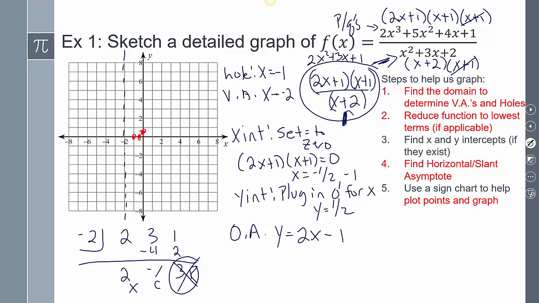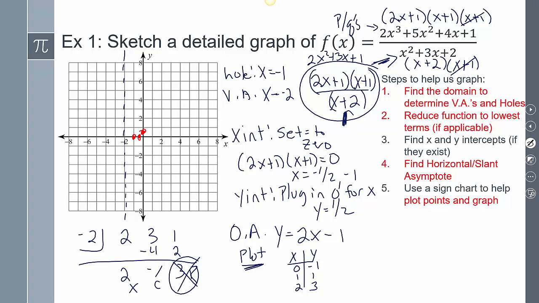Now I have to plot this. To plot the 2x minus 1, the easiest thing to do is just create a table for it. So I can plug in 0, 1, and 2 for x. If I do that, I get -1, 1, and 3.